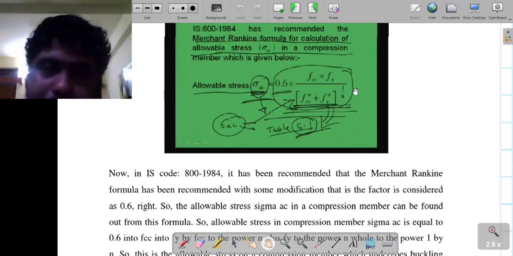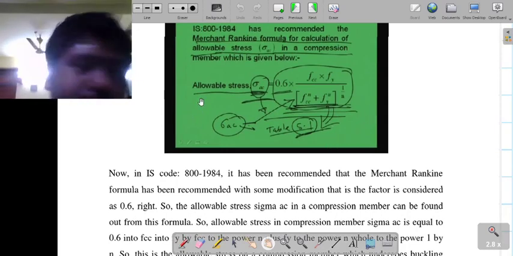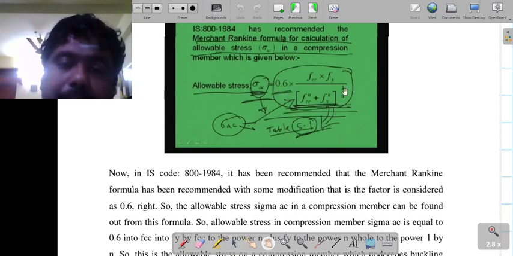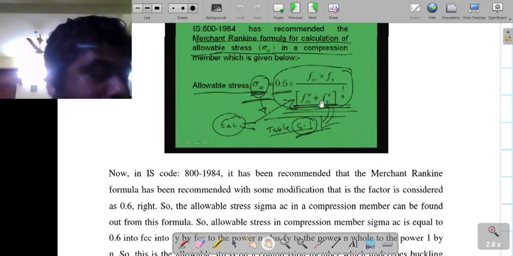Now what is the meaning of the symbols? Here sigma SC is the permissible stress in axial compression, and unit is generally taken as Newton per millimeter square or MPa. Okay, Fy we know already, yield stress of steel, unit is MPa.